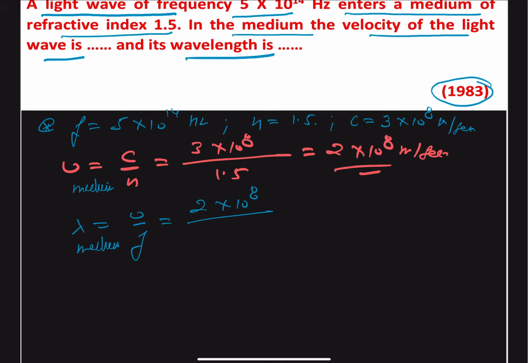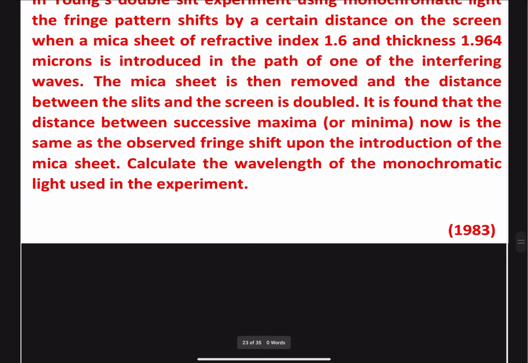And frequency is going to remain the same, that is 5 into 10 to the power 14. So this gives us close to 4 into 10 to the power minus 7 meters. So this question was quite straightforward, directly based on the basic formula. We come to the next question.